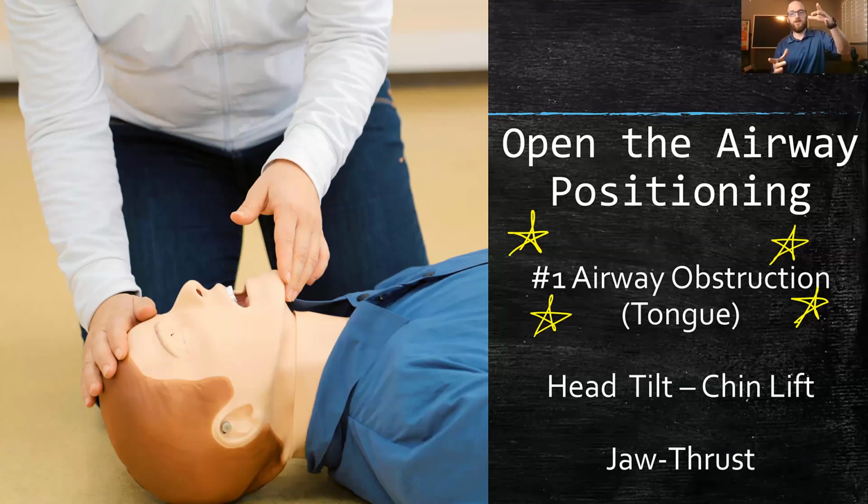If you do the head tilt chin lift and then find out it was trauma, you're like, ah crap, let me put that back, right? You can't do that. So go with the more cautious approach initially, the jaw thrust, until you know for a fact that there was no trauma. Then you can switch to the head tilt chin lift.